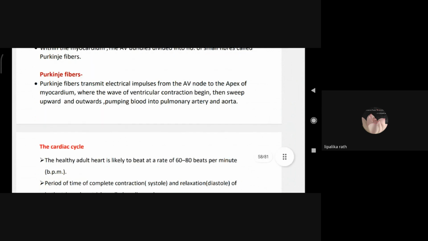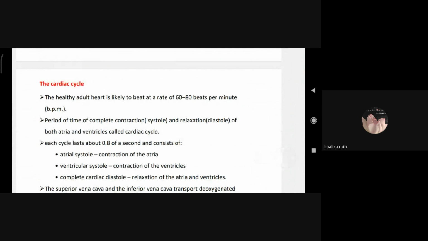Now, the cardiac cycle. The healthy adult heart is likely to beat at a rate of 60 to 80 beats per minute. Okay, so this is the generation or proper function of SA node.